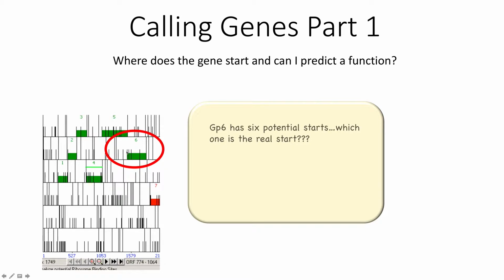And this right here where I'm pointing is the start that Glimmer or GeneMark or both predict to be the correct start. But there are 5 other potential starts. It's our job to figure out whether or not the computer program has predicted the correct start, or whether one of these other starts is in fact a better option for this particular gene.